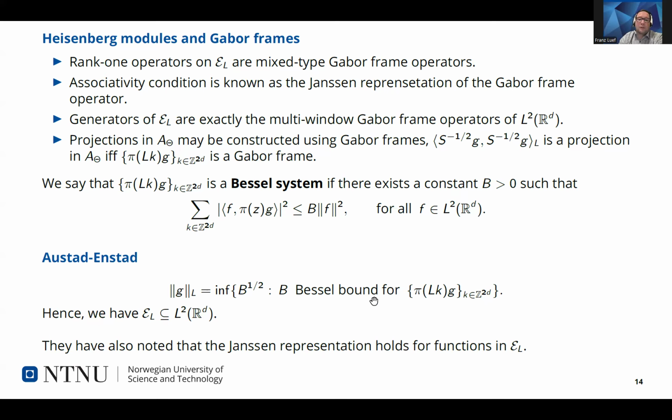And this somehow also gives that one finally has that this Heisenberg module is actually a space of functions, namely these Bessel vectors with this particular property. And so it's a nice subspace of L2. So it's actually a space of functions, which a priori might not be the case, because you do this completion of your space of test functions, and then you don't know what you get. And they also noted that this associativity condition holds in what we call the Janssen representation.